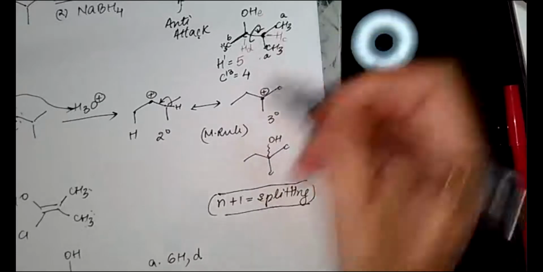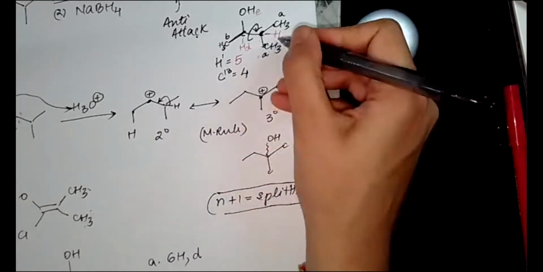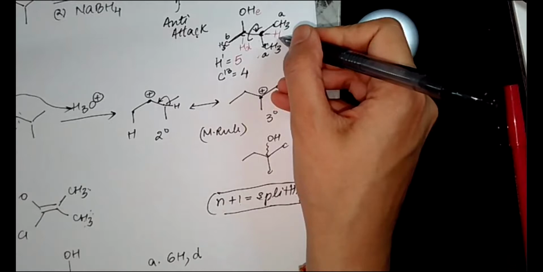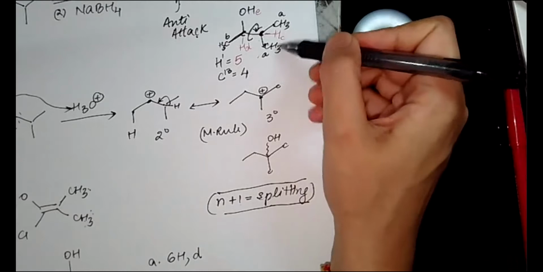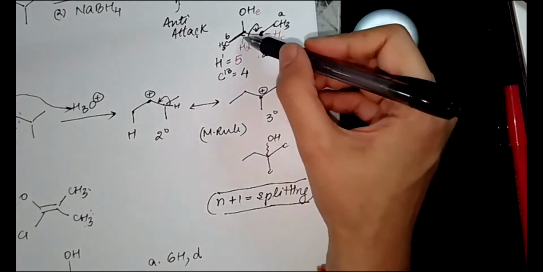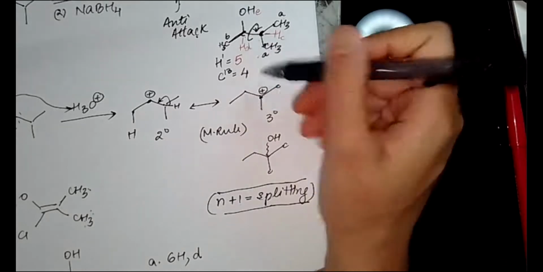Let's look at HC. There is one hydrogen right here. How many neighbors does this hydrogen have? 3 plus 3 is 6, and then this one, 7.